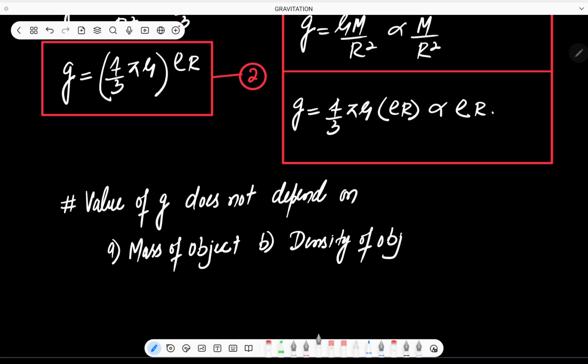So what does that mean? That means whether the object's mass is less or whether its mass is more, acceleration due to gravity for both the particles will be the same.